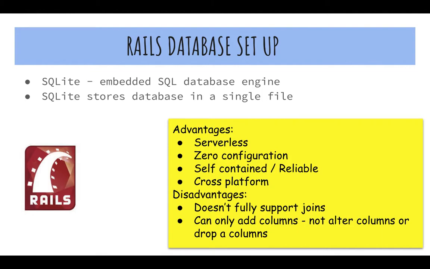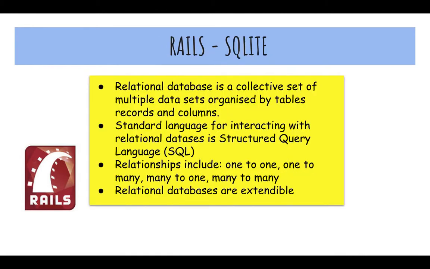There are some disadvantages. It doesn't fully support joins and can only add columns and not alter columns or drop columns. SQLite is a relational database, and a relational database is a collective set of multiple data sets organized by tables, records, and columns.